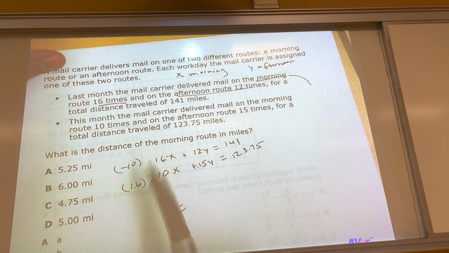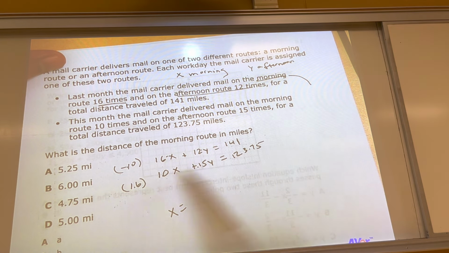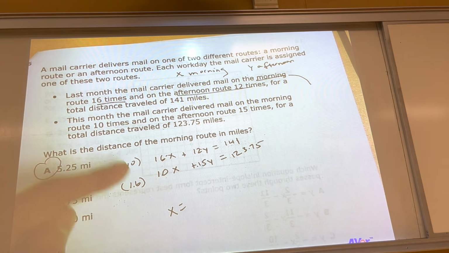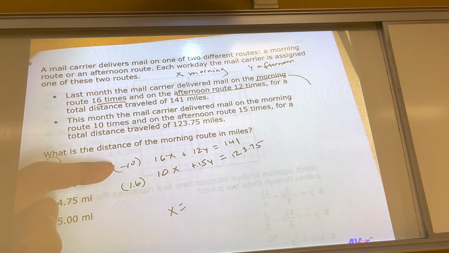And if you did this correctly, changing this equation, and just eliminating and solving for x, then you would end up getting A. Of course, you could eliminate y by doing the opposite. So if you eliminated y, it probably would be a little faster. You'll multiply times 12 and 15 if you want to do that.